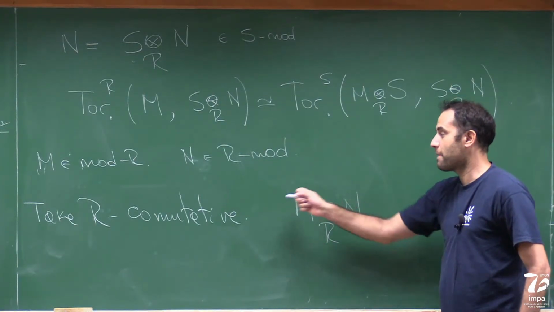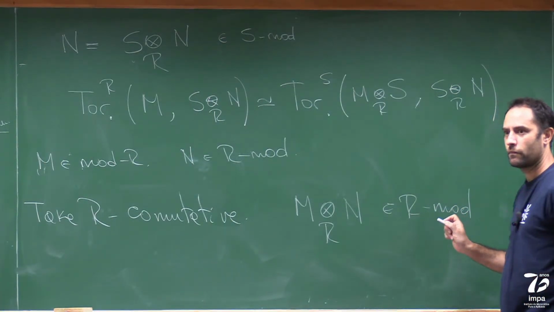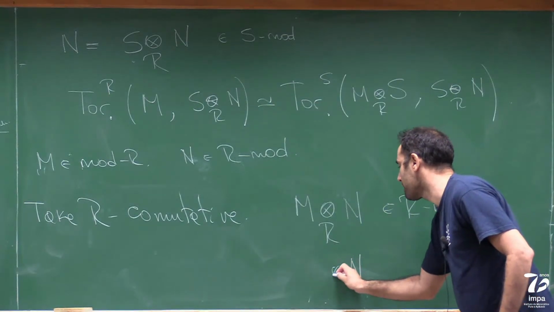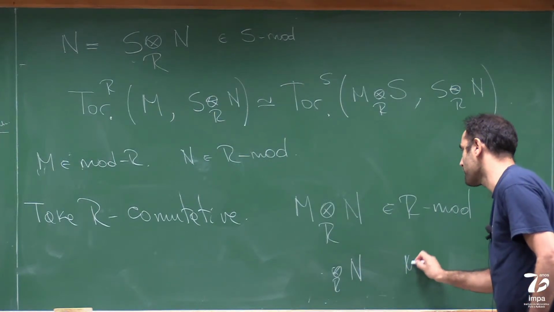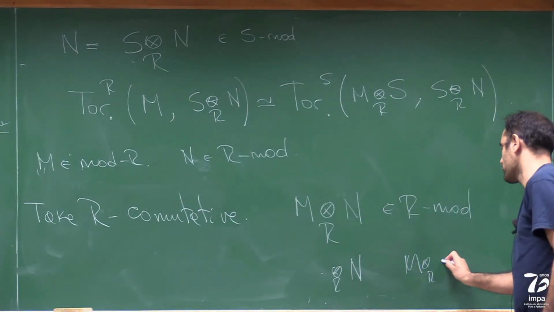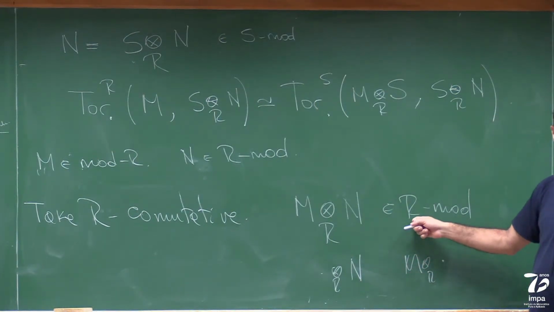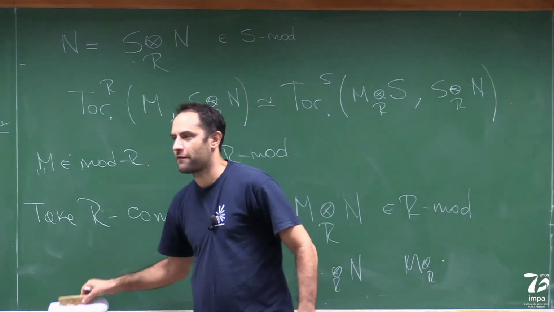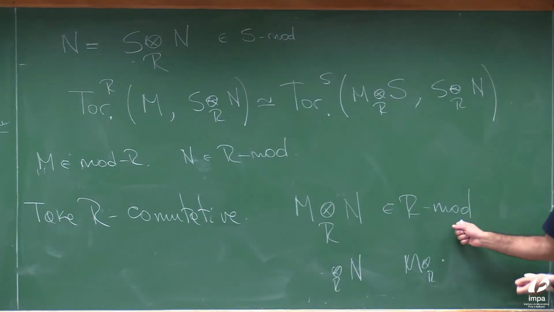But if R is commutative, this is also an R module. So the functor tensoring by N lands in R modules, or the functor tensoring by M lands in R modules. Therefore, the derived functors for these functors land in R modules. And you can compute those derived functors as derived functors to abelian groups, and the corresponding target is naturally an R module.